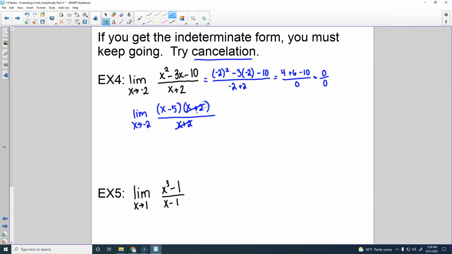They cancel right here. And so now once they have canceled, we just have the limit as x approaches negative 2 of x minus 5. And now we can just plug in the number. Direct substitution, negative 2 minus 5 is going to give us negative 7.